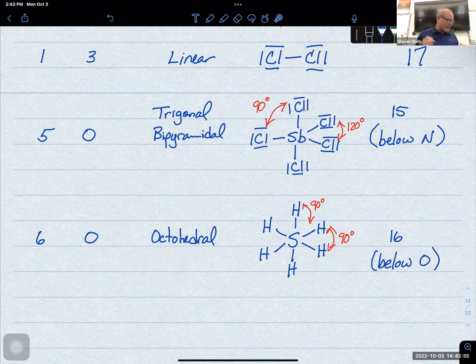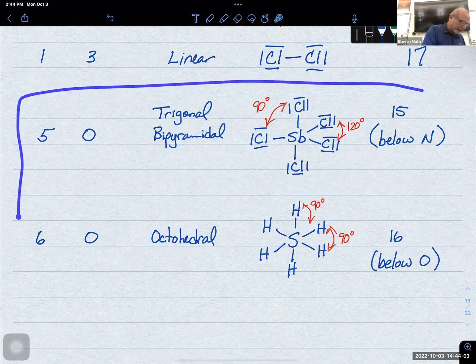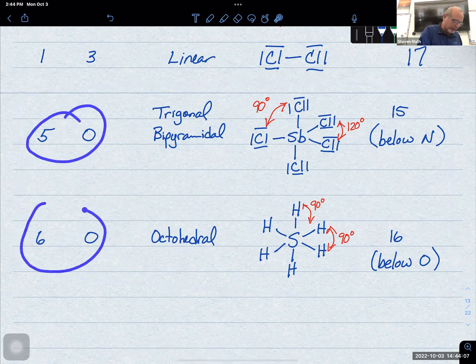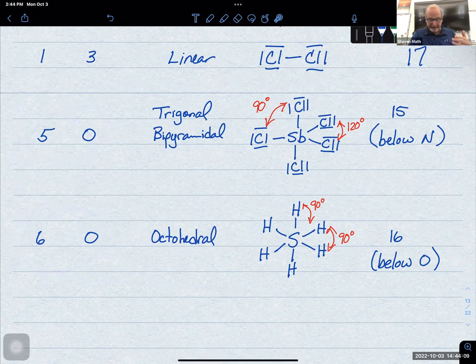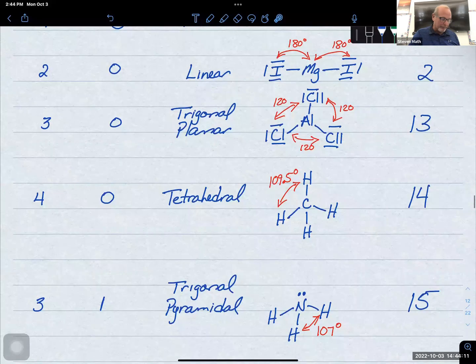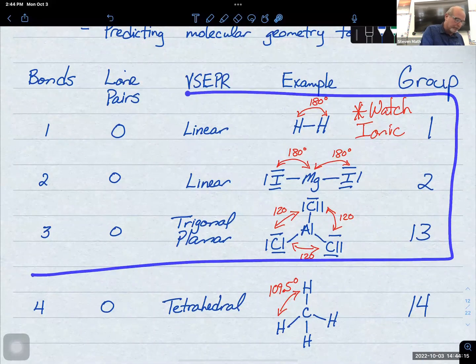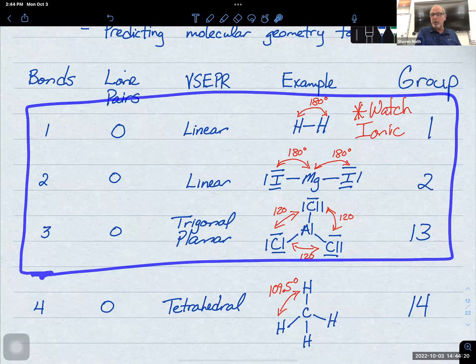So when we think about exceptions to bonding, there's these two exceptions for 15 and 16, 5 and 0 and 6 and 0. Those are going to be more than an octet. But then there are exceptions down here for groups 1, 2, and 13 that are below an octet.